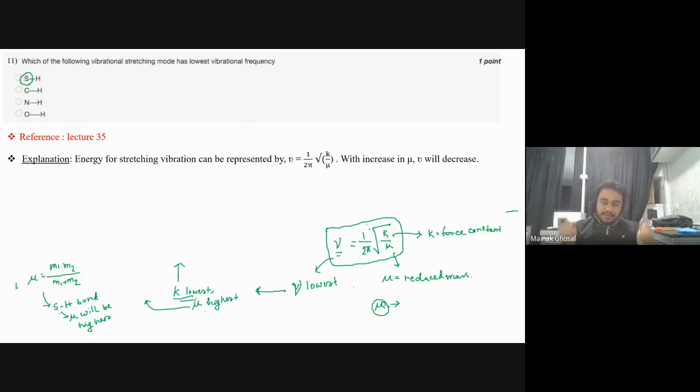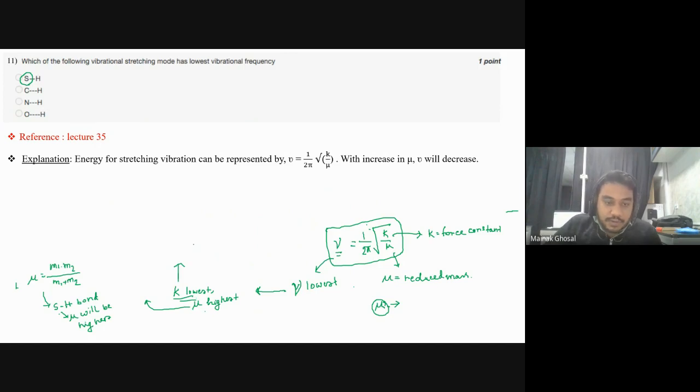If the bond length is increasing, the two atoms are going far away from each other. If it's going from single to double to triple, the atoms come closer. But going from second period to third period, the atoms are getting bigger in size, so the bond gets longer. So k will be low.